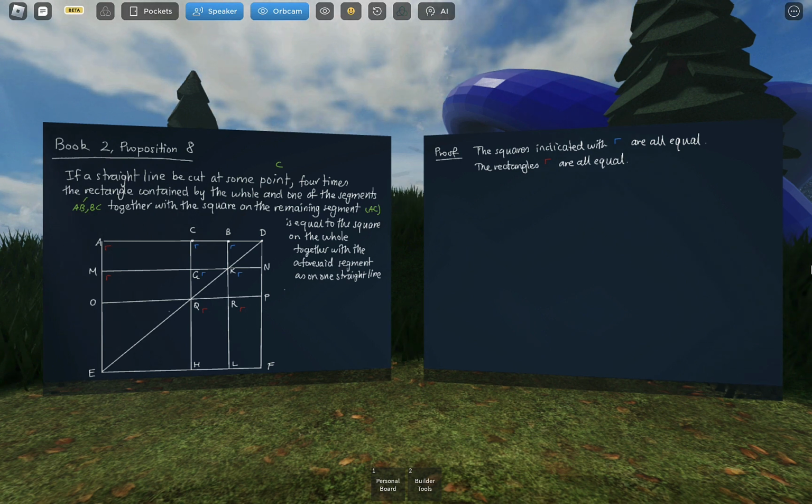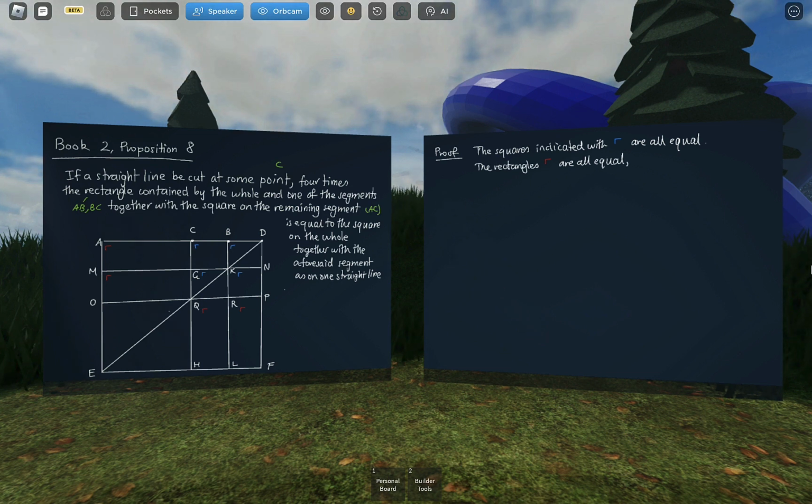Maybe I'll comment on AG and RF. So that's the only part I'll spell out in some detail. So AG is, maybe I'll say AG is equal to MQ.